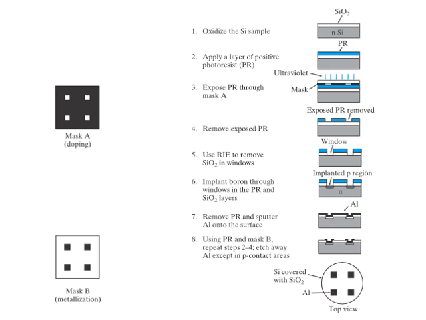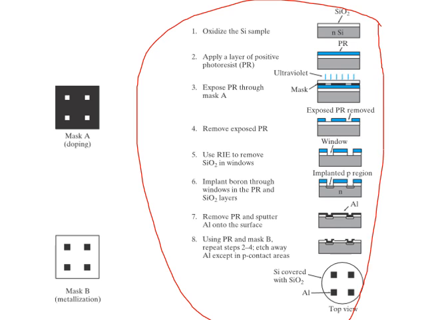So finally, again we are telling the entire story of fabrication: oxidizing, photoresist, then applying the mask, it is written as mask A, and ultraviolet rays are incident, right? And then we remove the exposed photoresist, that means etching is done, right?